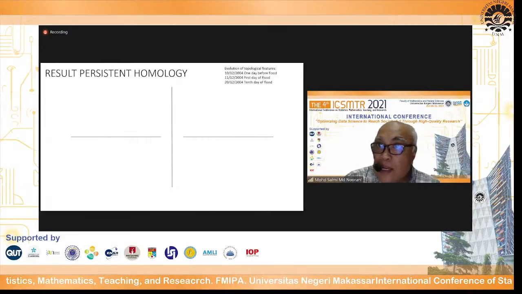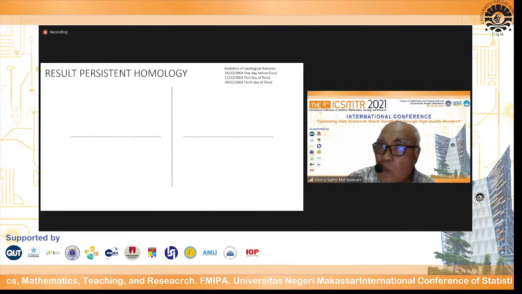So here is the evaluation of theoretical features during the 3 days of, I'm just choosing 2004: 1 day before the flood, 11th of December, the first day of the flood, and 20th of December, the 10th day of the flood.